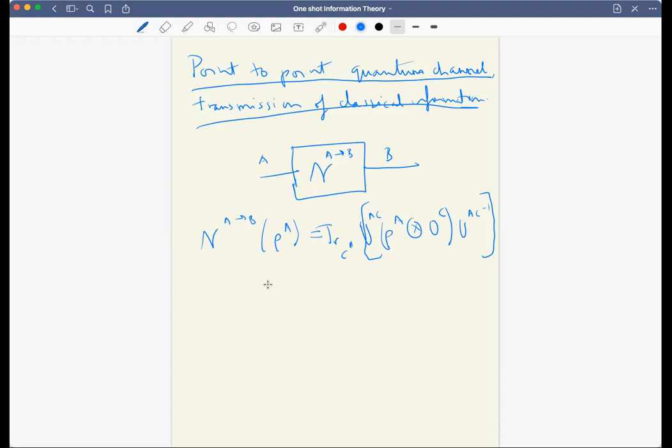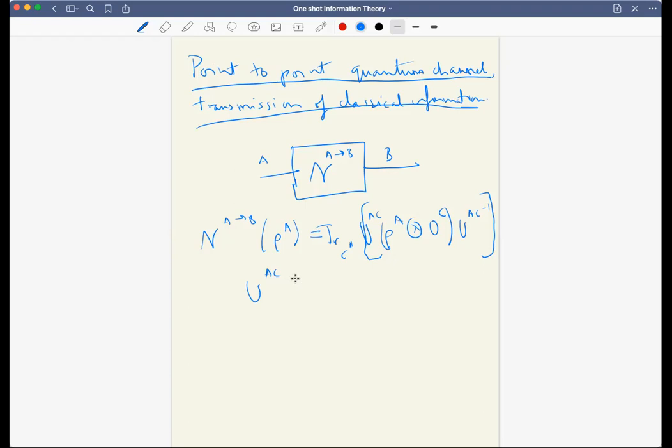Technically, yes, but let's write what the unitary is from. The input system is AC. Let's say A was 5 qubits, but maybe B is 15 qubits in the output. Then where are the remaining 10 qubits coming from? That's coming from the workspace. But maybe the workspace is even larger. Let us say A is 5 qubits, and I put in 20 qubits of workspace. Now AC is 25 qubits.